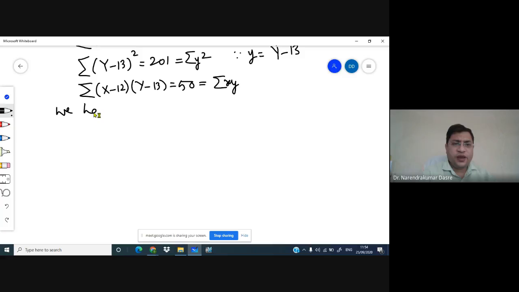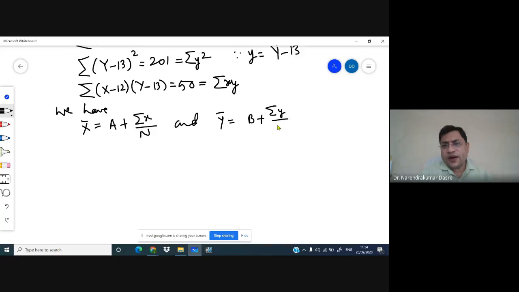Hence, we know x bar is equal to a plus summation x upon n, and y bar is equal to b plus summation y upon n. Here n is equal to 8, a is equal to 12, and b is equal to 13.